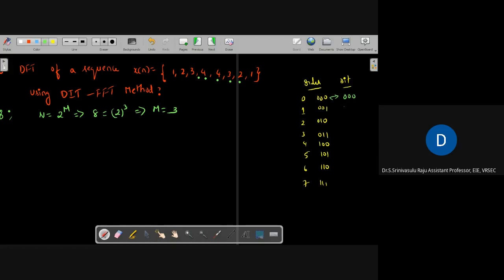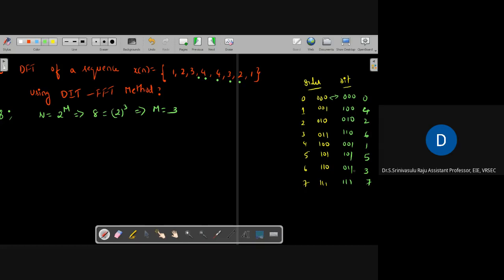So 000, 100, 010, 110, 001, 101, 011, 111. Now find the corresponding decimal values: 0, 4, 2, 6, 1, 5, 3, 7.